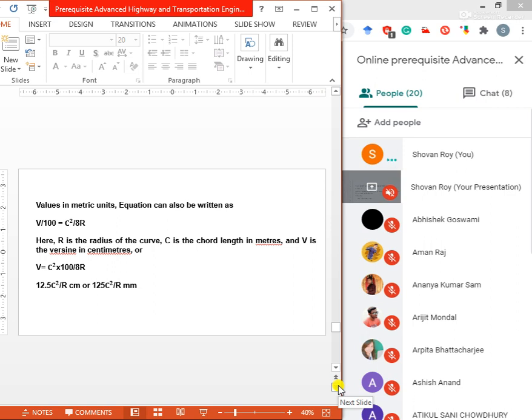So V should be C² × 100/8R, or 12.5 C²/R centimeters, or 125 C²/R millimeters. This is the actual formula to find the length of the Versine in centimeters or millimeters.